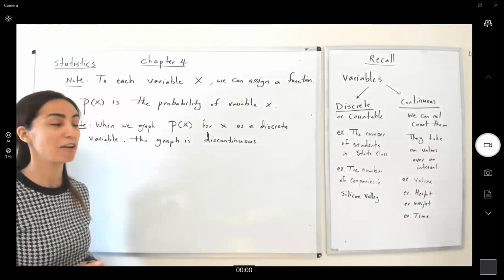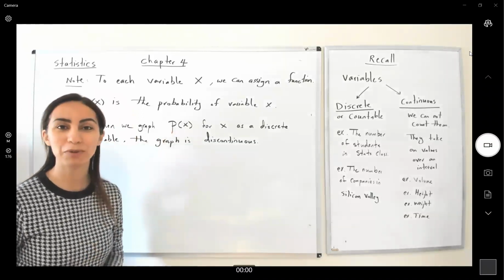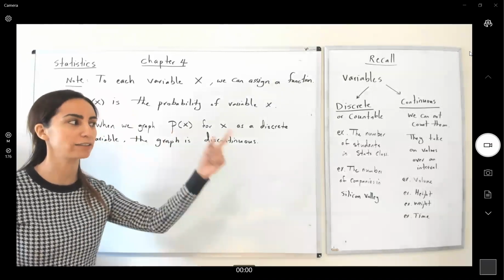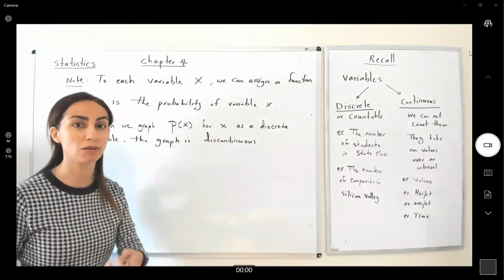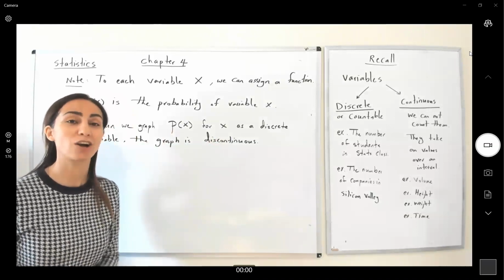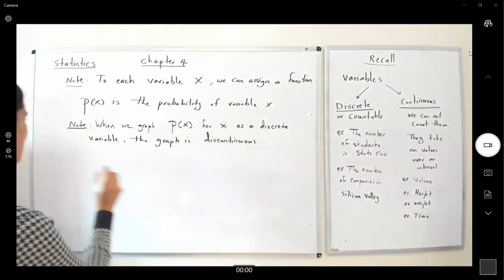Of course, when you graph a probability function for a continuous variable like height, weight, volume, or time, the probability as a function is a continuous graph.